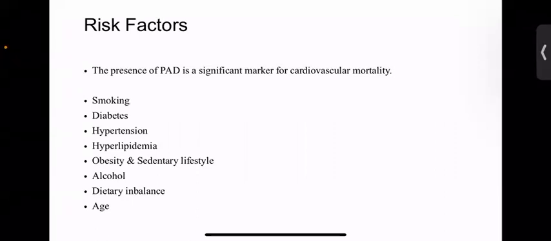The presence of peripheral artery disease is a significant marker for cardiovascular mortality. That is to say, when you have peripheral artery disease, you have a significant risk of getting a coronary artery disease as well as a cerebral disease because of the shared risk factors amongst all these diseases, which are all cardiovascular diseases.